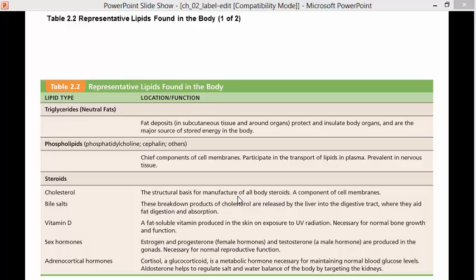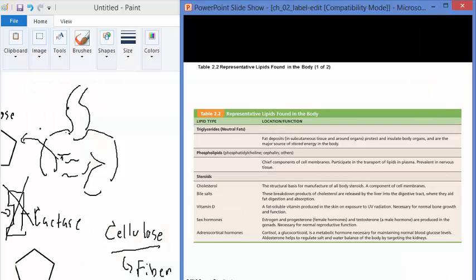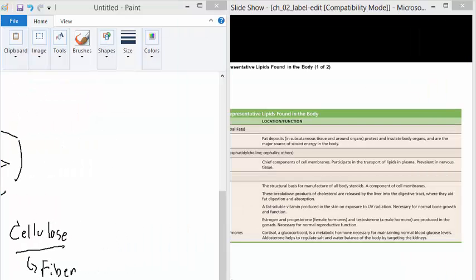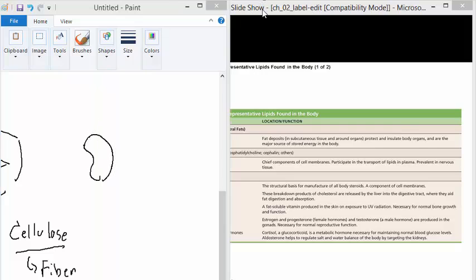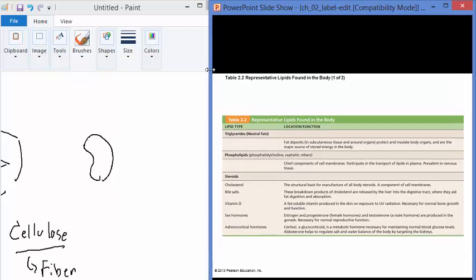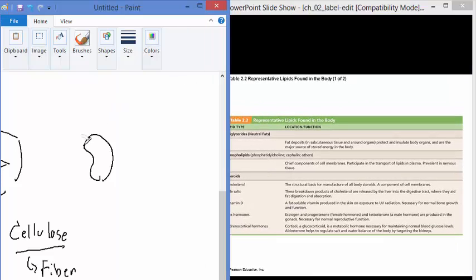Lipids also form the basis for hormones within your adrenal glands. So you have your kidney right here, and at the top of your kidney, you have the adrenal gland. The inside of your adrenal gland is the medulla, but the outside is called the cortex.